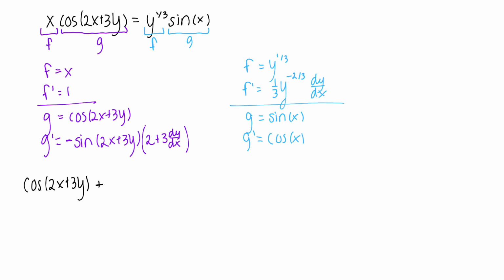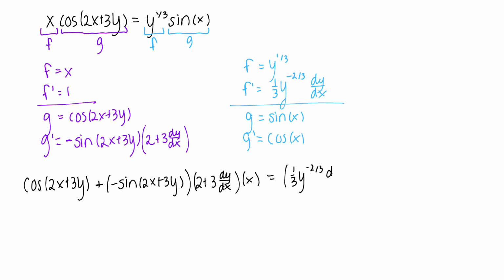We'll do plus. G prime, negative sine, 2x plus 3y, 2 plus 3 dy dx. G prime, and then f is x, is equal to f prime, 1/3 y, negative 2/3 dy dx.